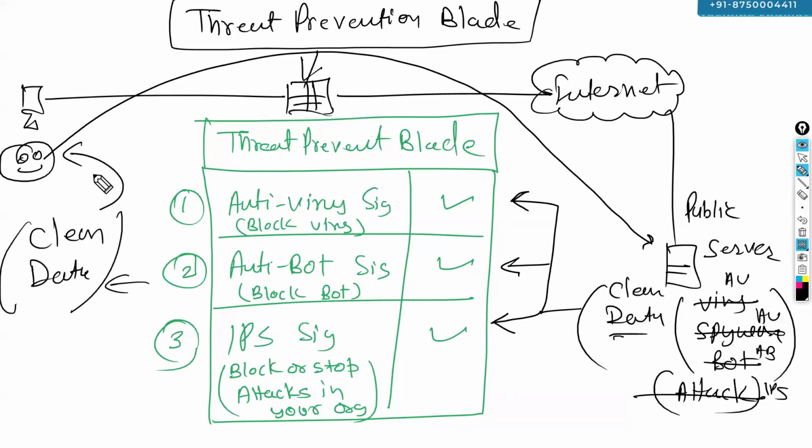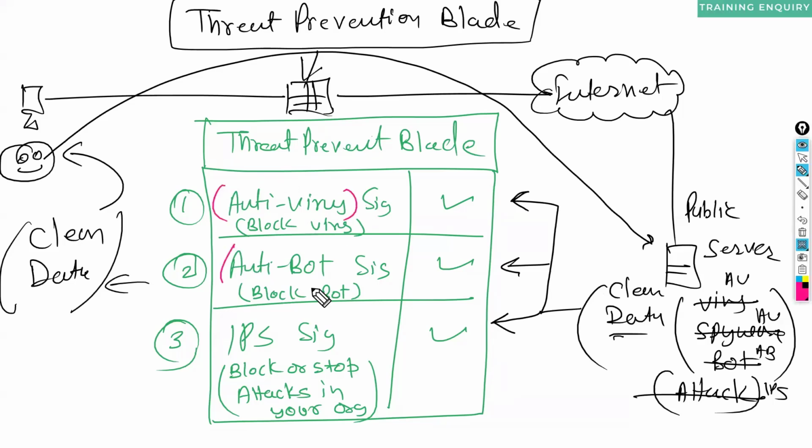Now the question is, attacks or viruses are introduced every day or every minute. What about those? So what you can do is manually update the signatures, or you can schedule the signature update.